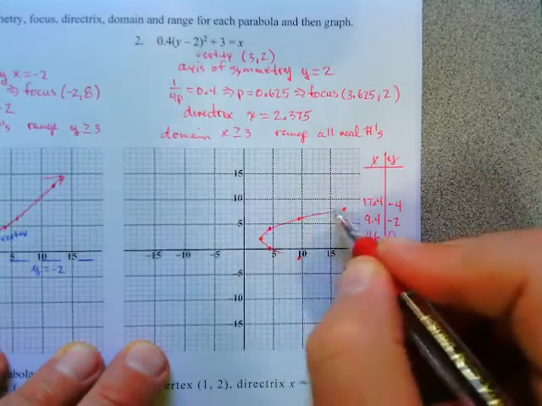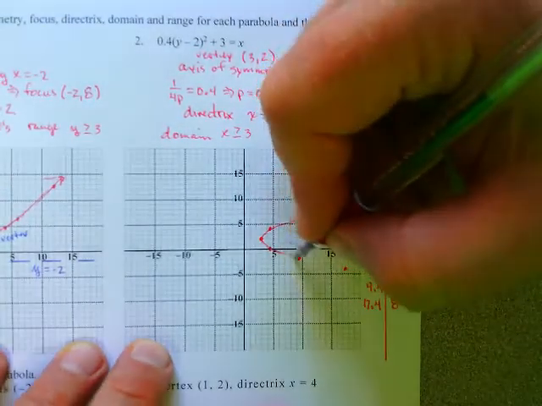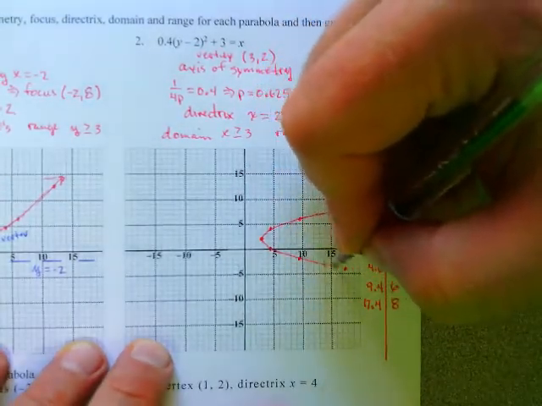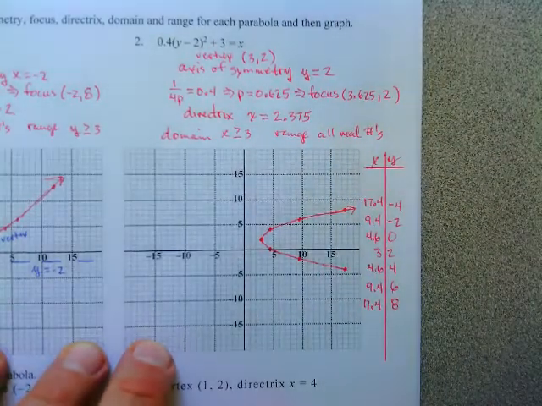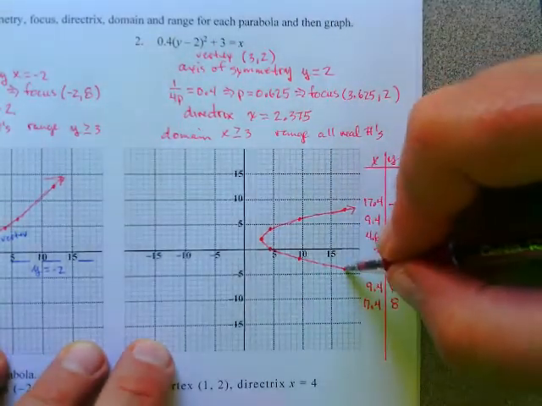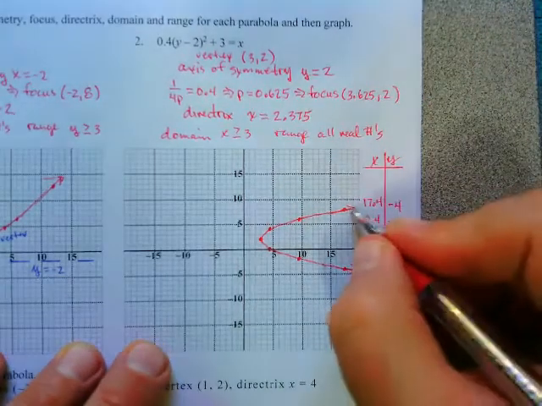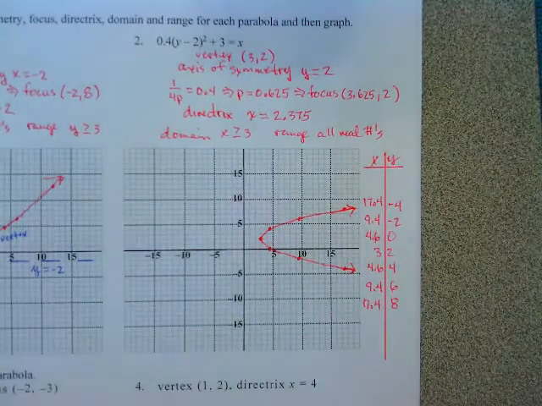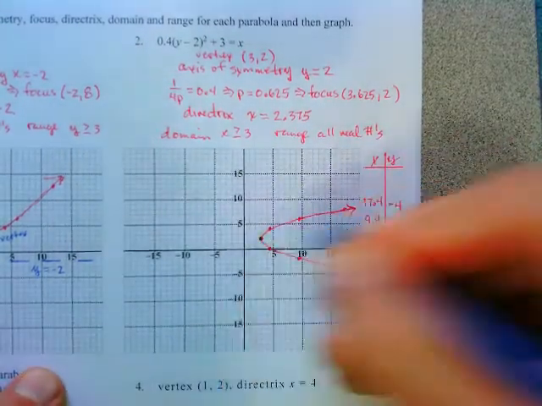This is a much narrower parabola than the other one because our 1/4p was bigger than the other one. So there's our parabola. Again, this is the vertex.